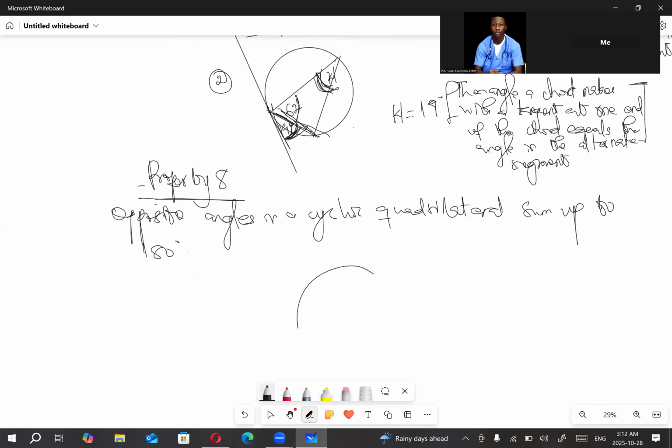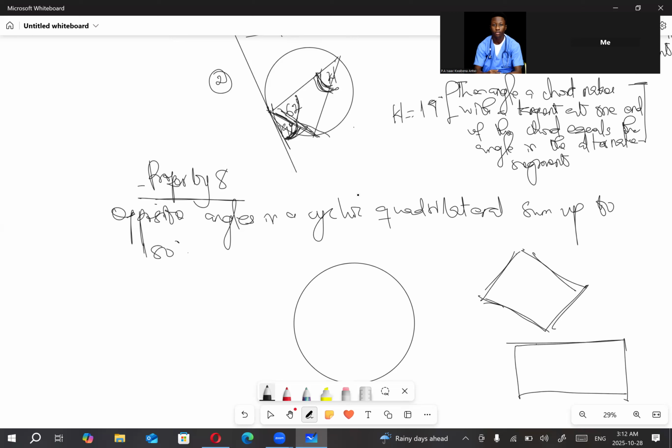So let's have a circle again. Now, a quadrilateral is a four-sided polygon. So any polygon that's four-sided is a quadrilateral. So 1, 2, 3, 4. This is also a quadrilateral, right?